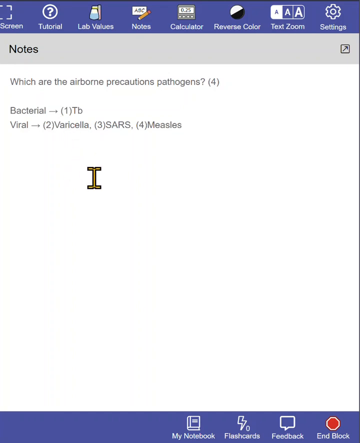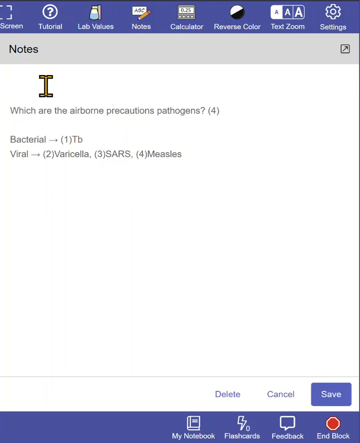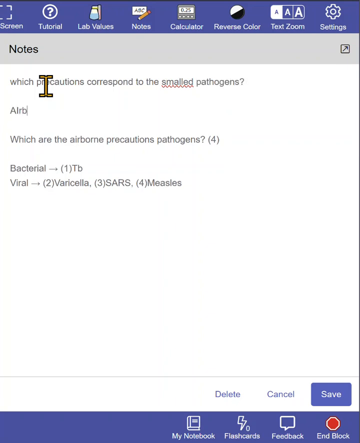Which pathogens are airborne precautions for? So airborne is bacterial, TB. So what is the smallest? Which precautions correspond to the smallest pathogens? Airborne, right?